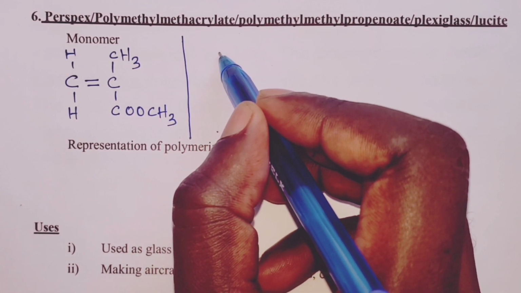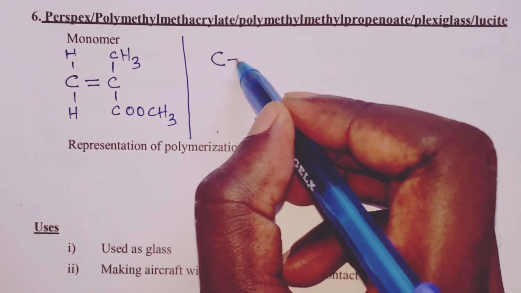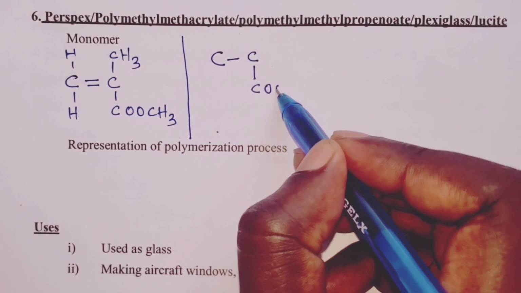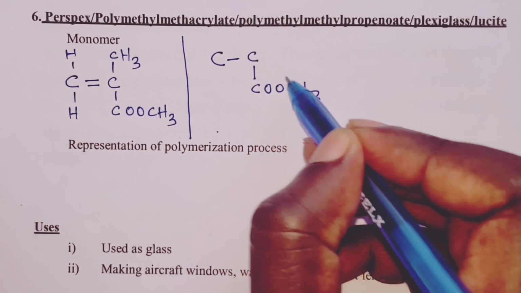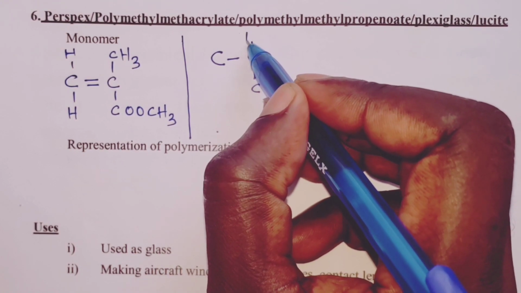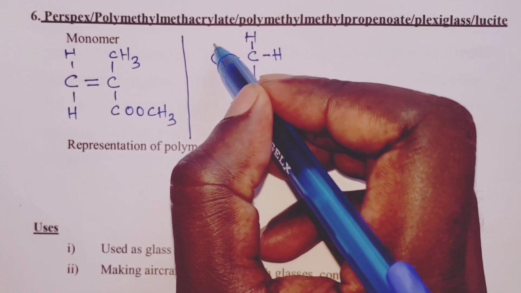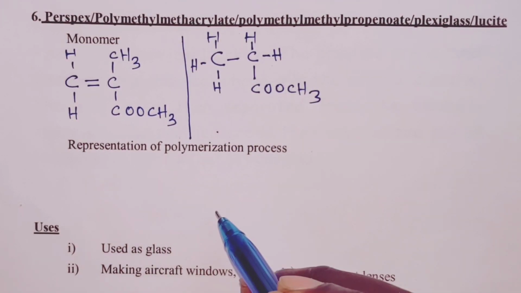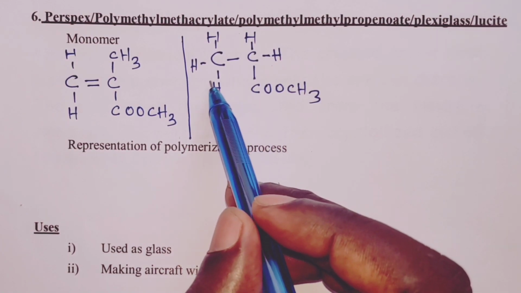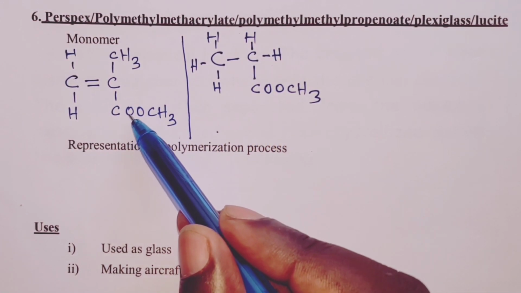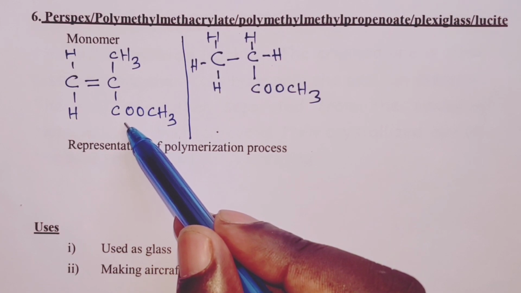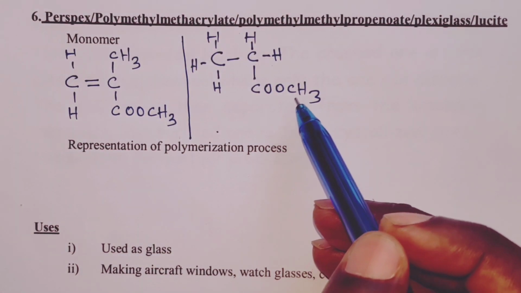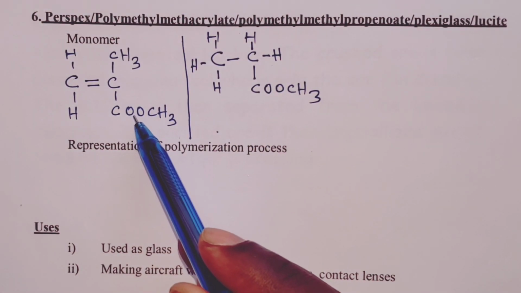Suppose I have C single bond C, then C double O CH3, then I have H, another H, then the other carbon with all the three H's. If we look at this structure, it is almost similar to what we have here as our monomer. So when we learn how to name this, we shall then be able to know the name of our monomer.